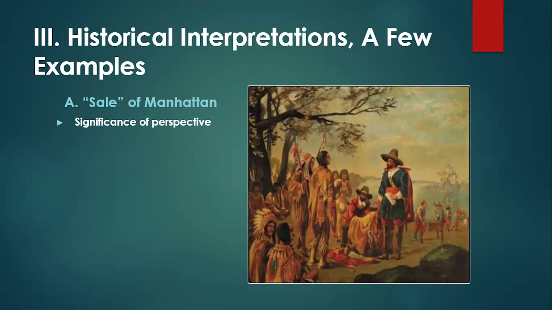So this purchase of Manhattan Island really helps us consider the significance of perspective when interpreting history, all right, and when studying history. If we consider only the European perspective, which historians predominantly had for quite some time, it looks as if this was a steal of a deal for the Europeans, all right? They think, well, these, in their perspective, not mine, quote unquote, savages are too dumb to know the value of money.